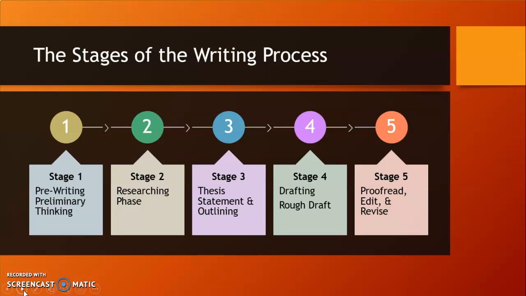So stage 1, you gather ideas. Stage 2, you research those ideas. You look for the evidence, right? You look for the facts, the statistics, some of the things that may prove or disprove some of the things that you've observed, or some of your questions might have been answered during the research phase.